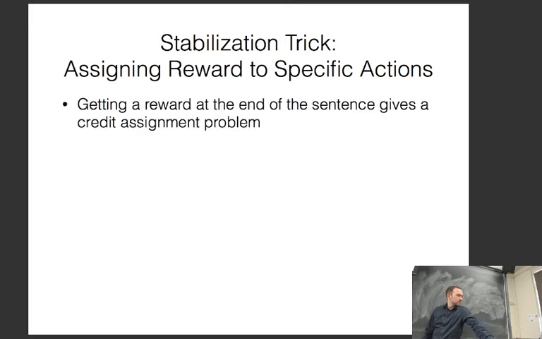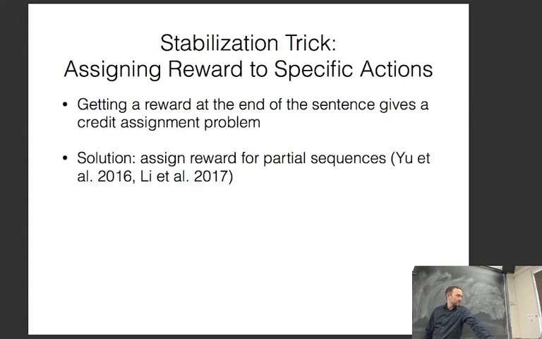So one solution is to do something that assigns reward for partial sequences. For example, at the beginning of our sentence, we run our discriminator over this and get a discrimination score. Maybe the discrimination score is pretty low because this looks like a reasonable start of the sentence.